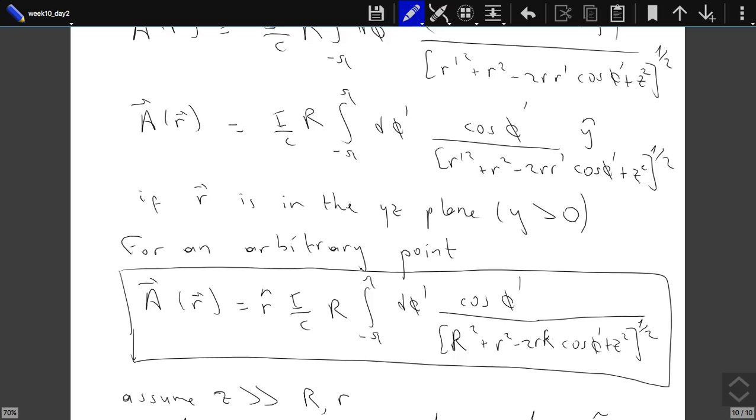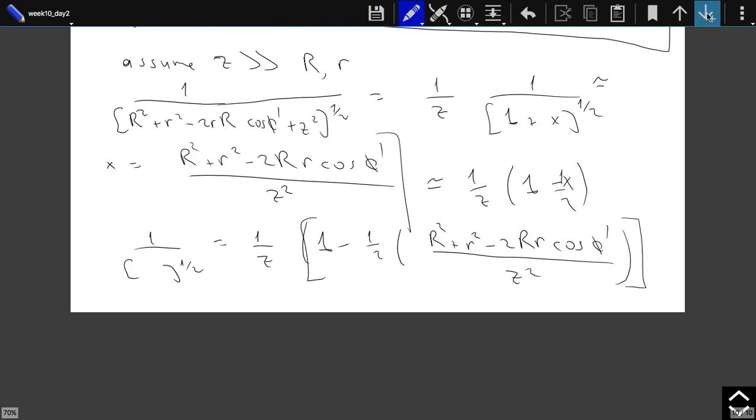Even if I shift phi prime, using the periodicity of my solution, since I'm covering my full period, I can just consider from 0 to 2 pi or from phi to phi plus 2 pi. So it doesn't really make any difference. It's not that. I don't like that the vector potential is in the r hat direction. That is the thing that's kind of bugging me.